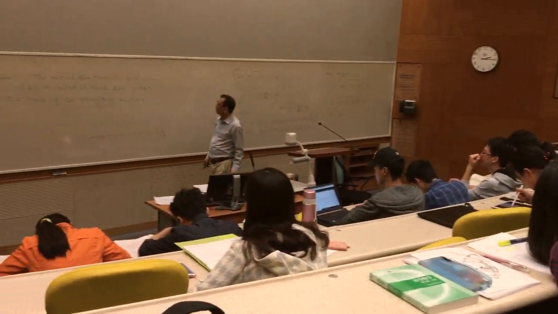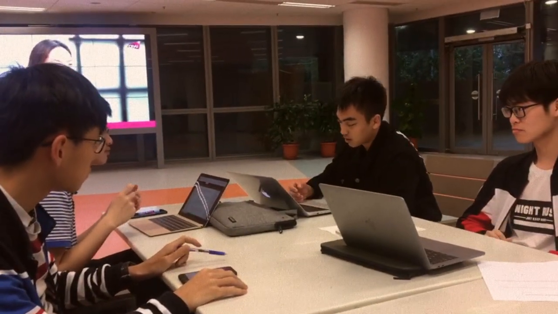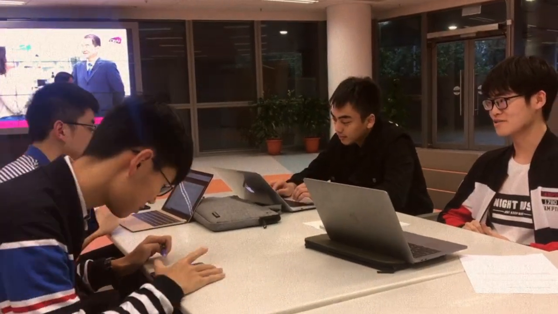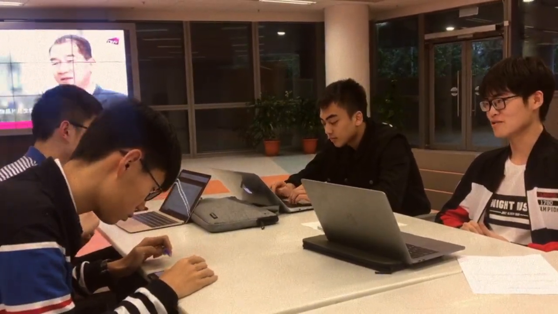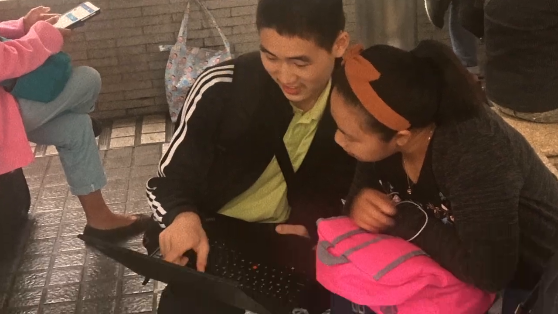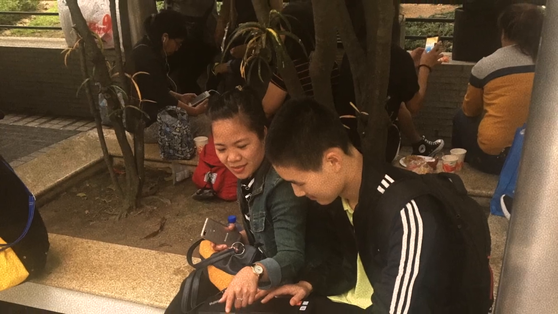Shop owners have the notion that bright brands, one serious type of light pollution, attract more customers. But is it the case? To find out, we conducted a survey, where we found a sequence of significance: service greater than inner environment, greater than bright brands. In the questionnaire, we asked people to find the differences between two images.